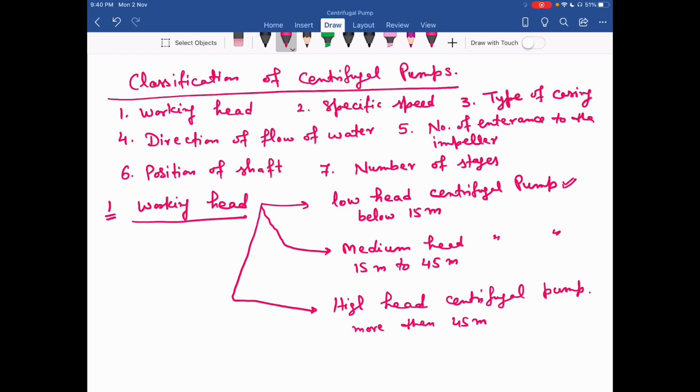So these pumps are normally multi-stage pumps, and are provided with guide vanes.